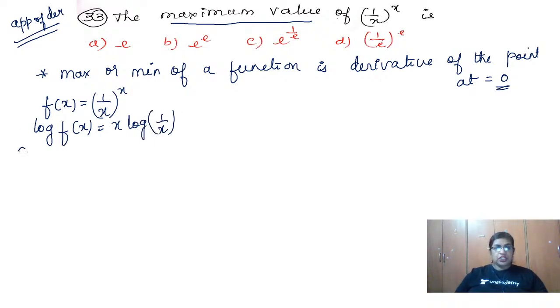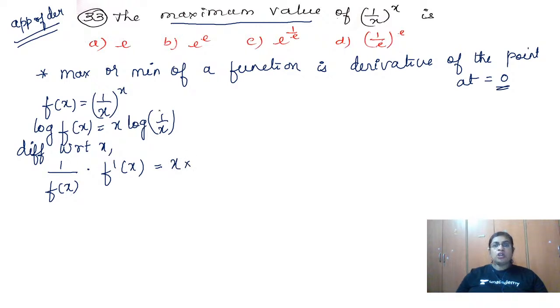Now I differentiate with respect to x. So what am I going to get? Log x derivative is always 1 by x. So it is 1 by f of x into f dash of x is equal to, here it's the product rule. So it is x into log of 1 by x. Log 1 by x is, reciprocal of 1 by x will become x only, into, now 1 by x, what is the derivative? I have already told you.